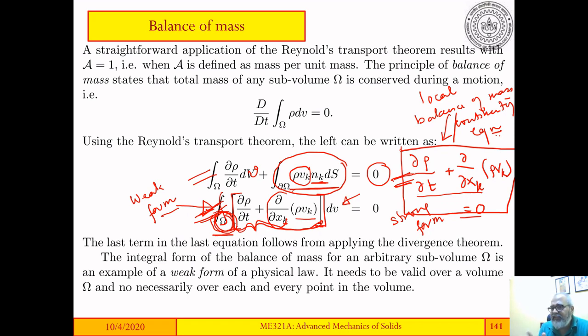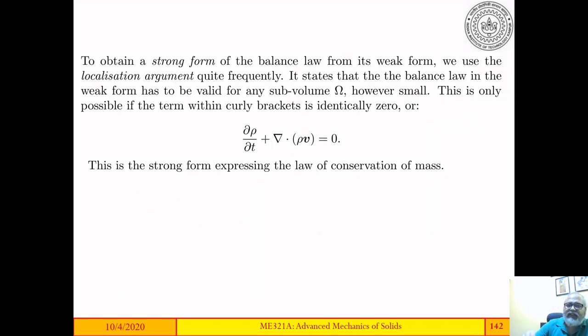So if all these things in the background are satisfied, then the weak form goes to the strong form quite seamlessly by applying the localization argument, otherwise not. Having said that, I will be applying the localization argument, but it is important for you to remember that behind the localization argument are a lot of assumptions that can break down in very special but important cases in mechanics.